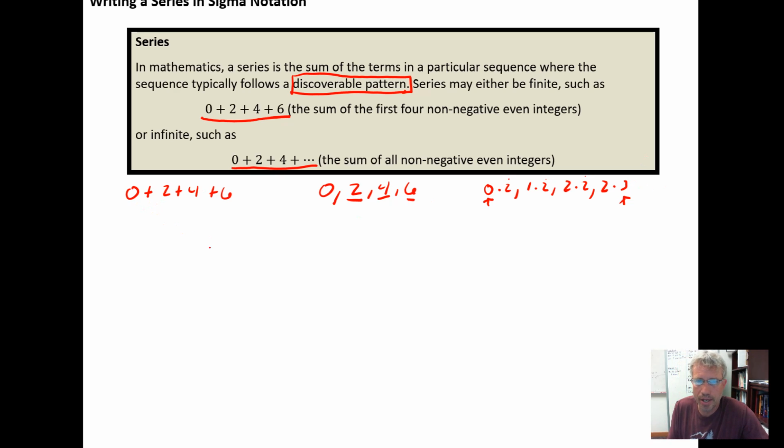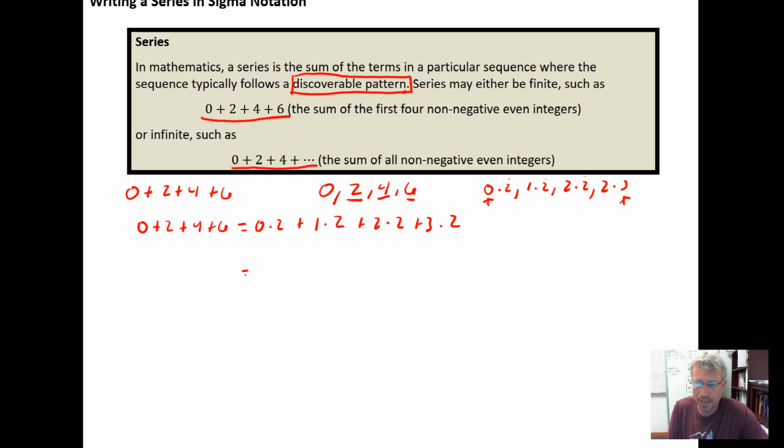So for example, I could represent this particular series, 0 plus 2 plus 4 plus 6, which is the same as 0 times 2 plus 1 times 2 plus 2 times 2 plus 3 times 2.